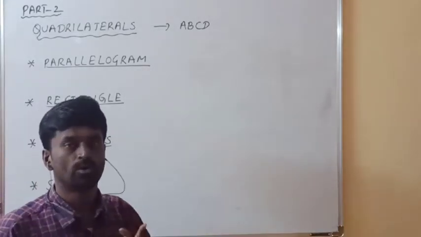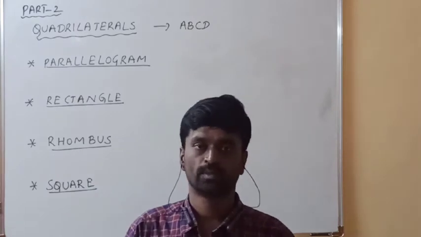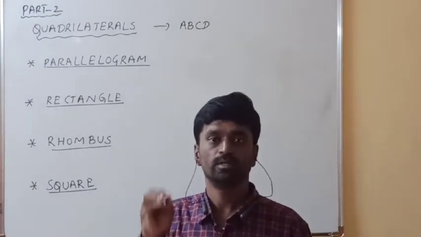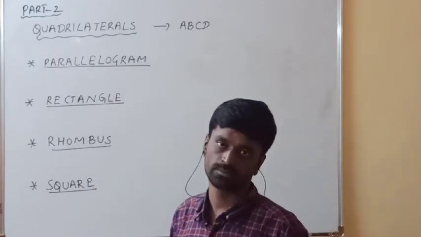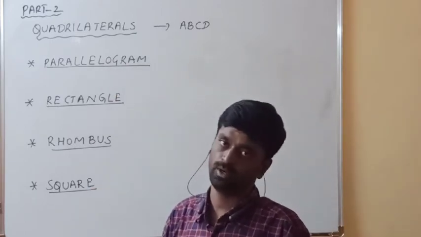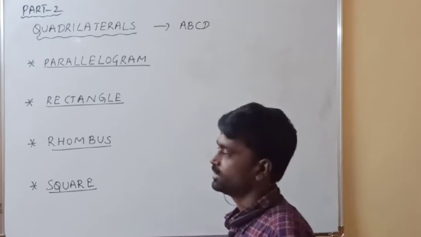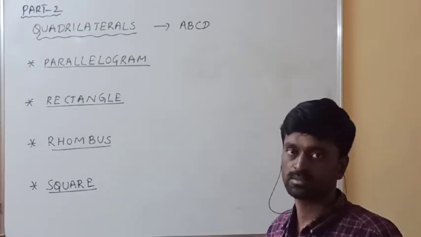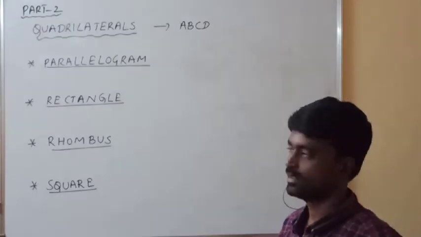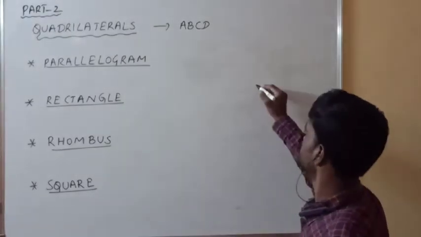Suppose they have given 4 points A, B, C, D. What is the figure formed by these 4 points? And the options contain only these 4 options. Then how to identify? For that, you find only the AB distance, AC distance and AD distance.